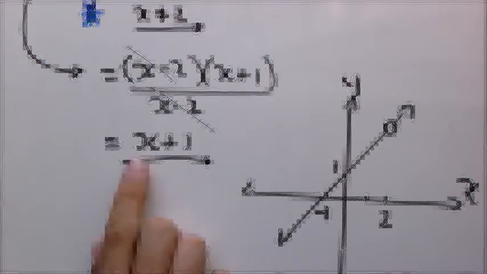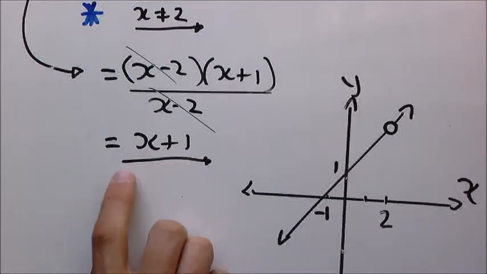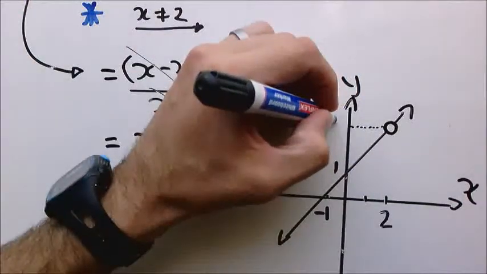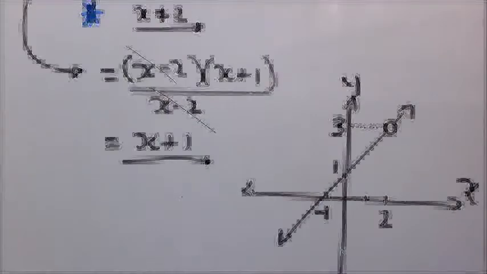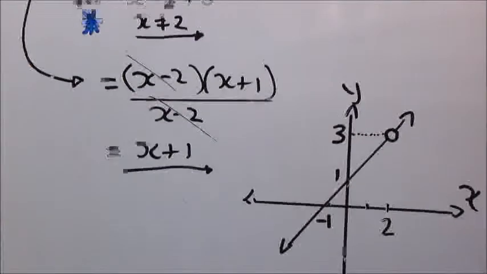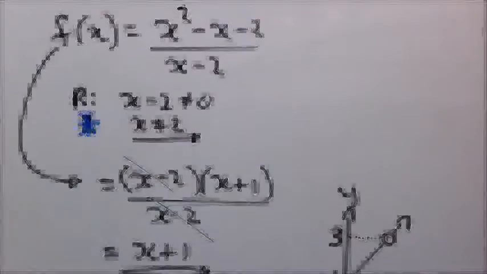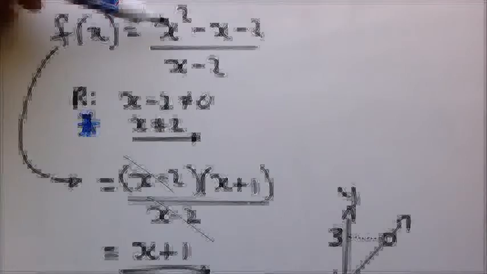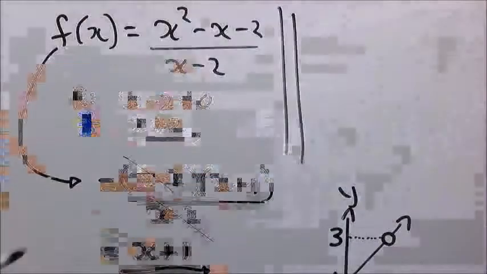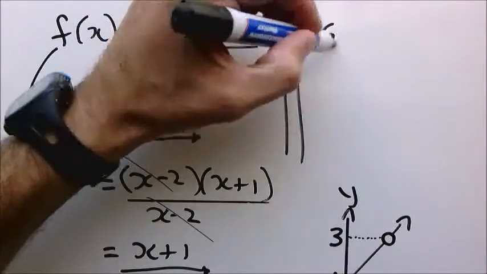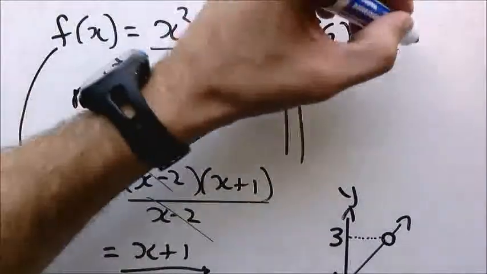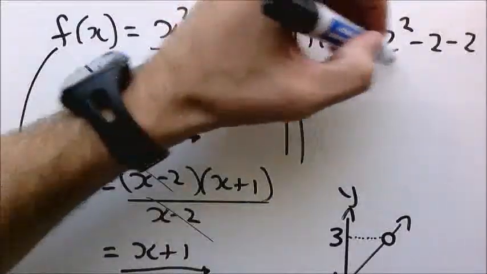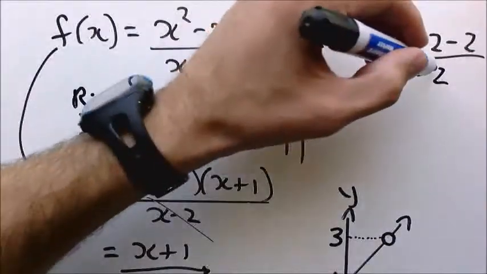Now, just for the fun of it, right? If we put x equals 2 into this equation, x plus 1, we know that over here it would be 2 plus 1, which is 3, right? Now, substitute the 2 into this equation, and you will immediately see it will be 2 squared minus 2 over 2 minus 2.